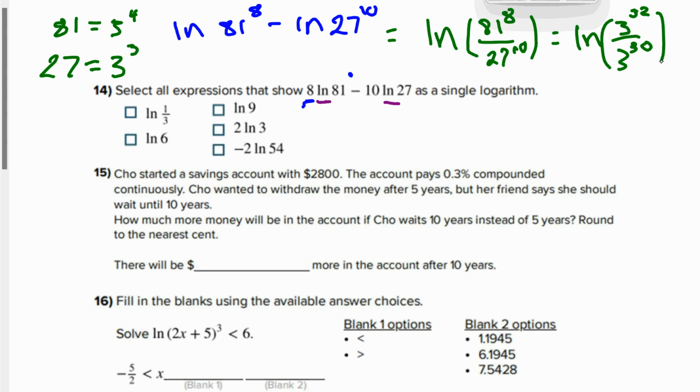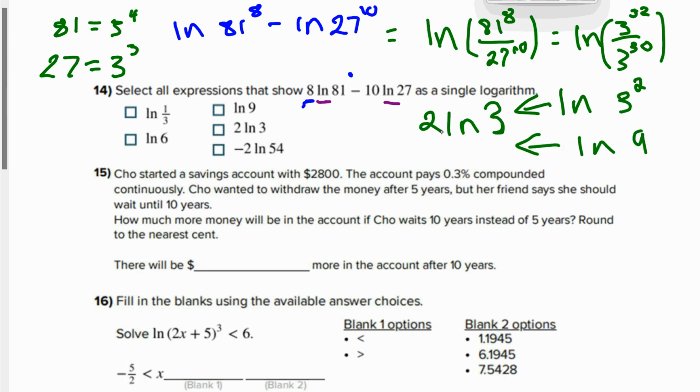Now when we divide by the same base, we subtract exponents. This becomes ln of 3 raised to 2, which we know would be ln of 9. Or I can rewrite that as 2 times ln of 3. So this would be a correct answer, and so would this. Right, so all those three mean the exact same thing.